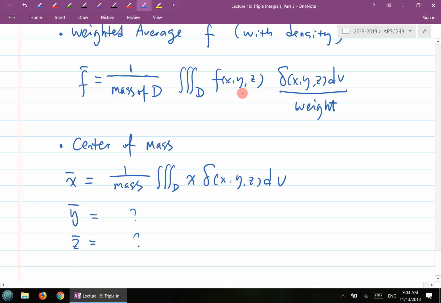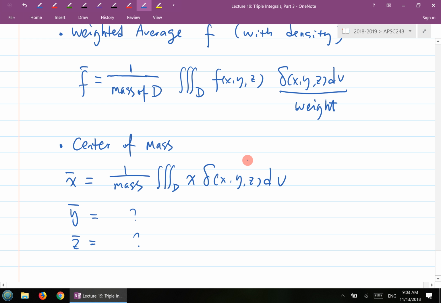All good? In terms of evaluation, there's no difference from any other triple integral evaluation. Typically you will be given the density function, and D will also be given. So plug everything in. The next step, when you calculate x bar, y bar, z bar, is to consider what coordinate system you should choose. Should I choose Cartesian, cylindrical, or spherical?